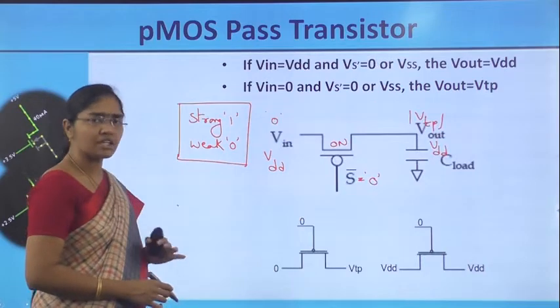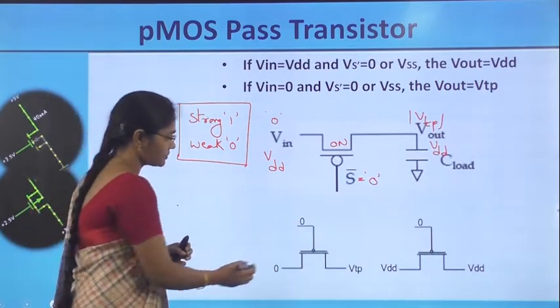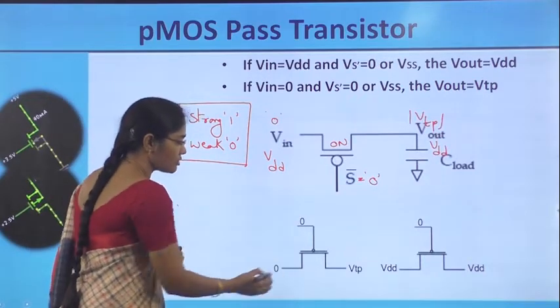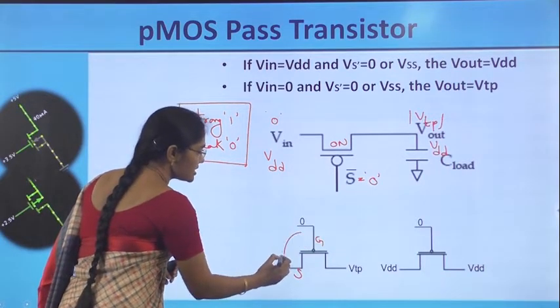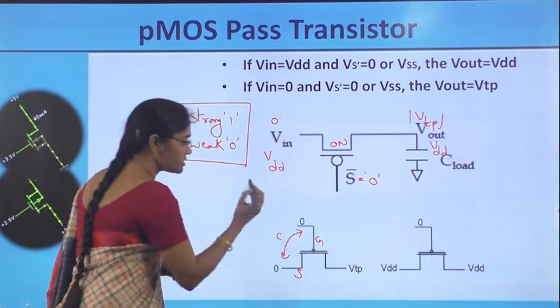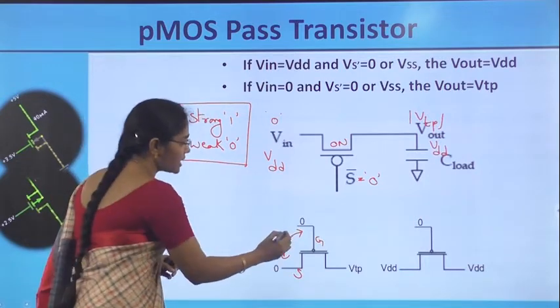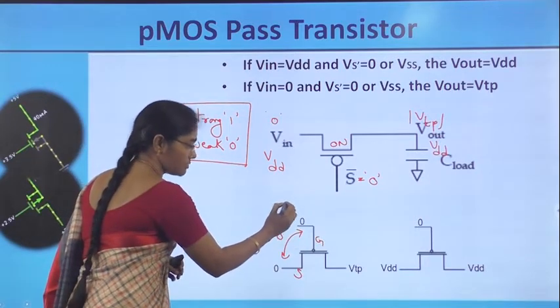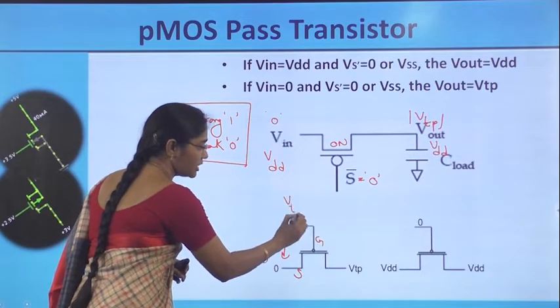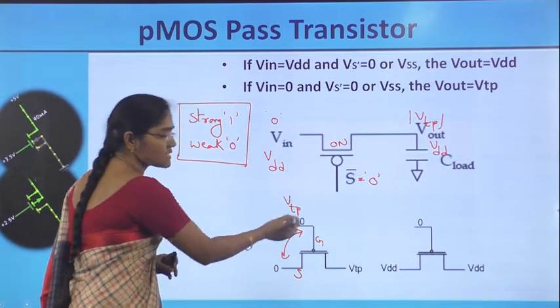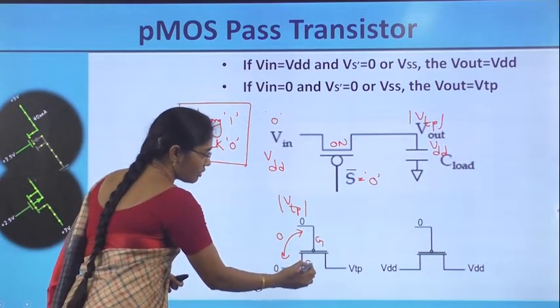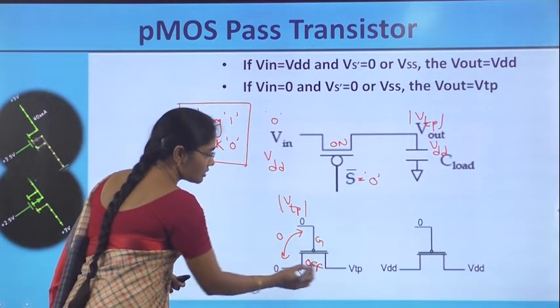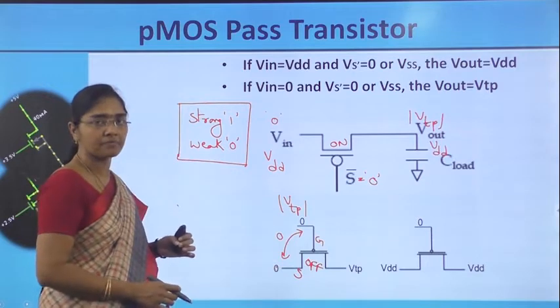Similarly, in the PMOS pass transistor, if 0 is applied at the source and 0 at the gate, VGS is again 0, but the minimum voltage required to switch on this PMOS transistor is VTP. Since 0 is lesser than the VTP value in magnitude, this transistor is off. Off means the 0 is not passing as it is.